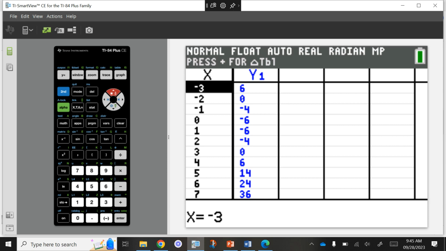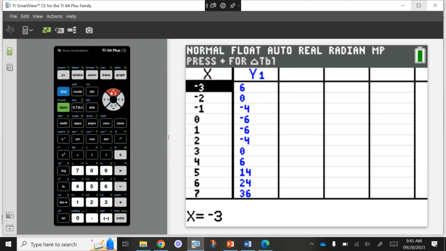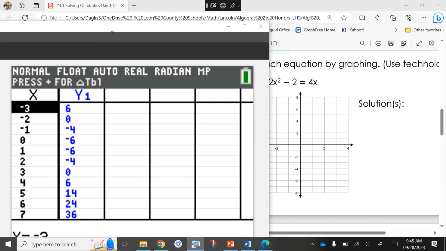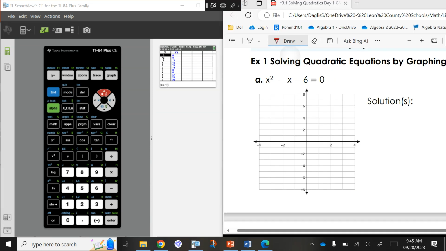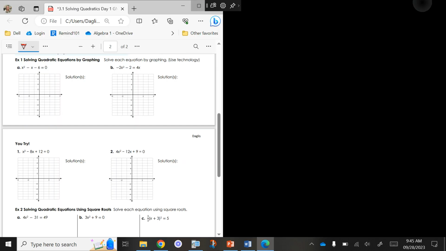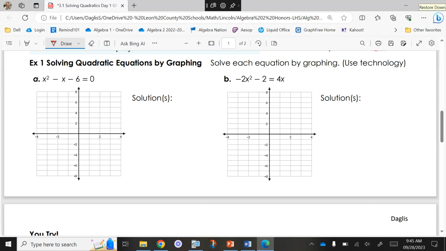Let's plot some stuff. We have negative 3, positive 6.